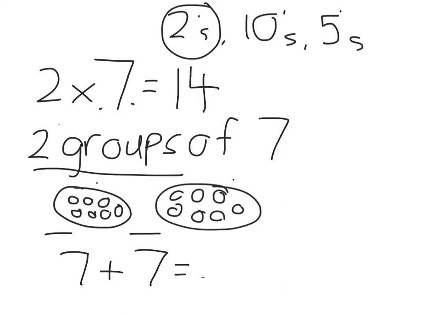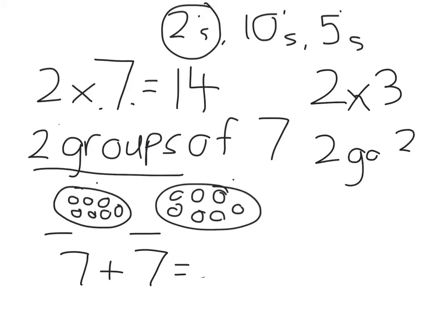So 2 times 7 is 14. And that's the same with any multiplication of 2. What you're doing is finding out what 2 groups of 7 is, or if you're doing 2 times 3, you're finding out what 2 groups of 3 are, or what 2 groups of 6 are.